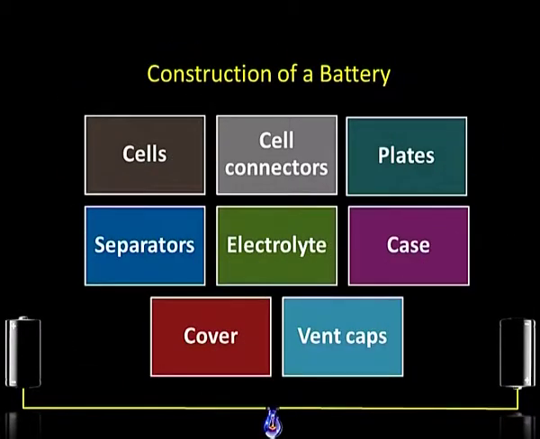Now, let us move forward to the construction of a battery, or we can say how we can construct a general battery. There are various parts of a battery: cells, cell connectors to connect the cells, plates, separators to separate the plates, electrolytic solution, and to cover all these materials, the case, cover and vent caps.